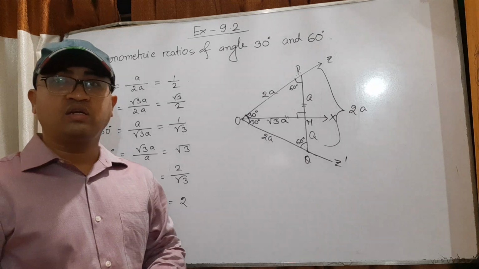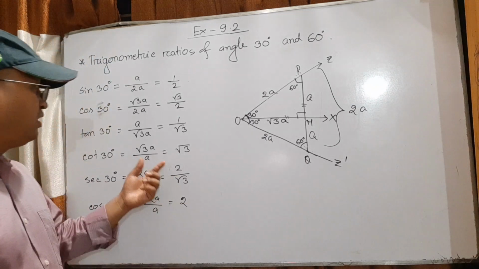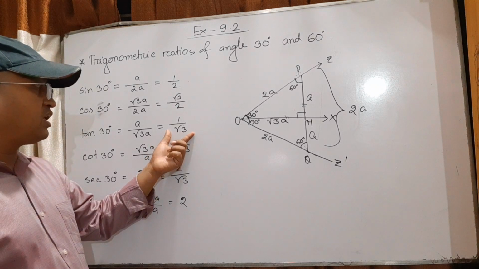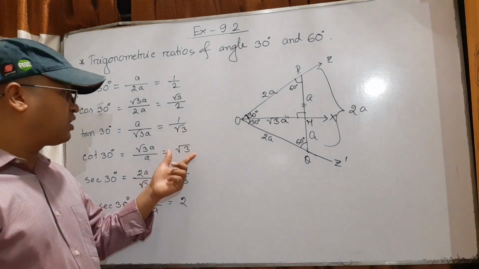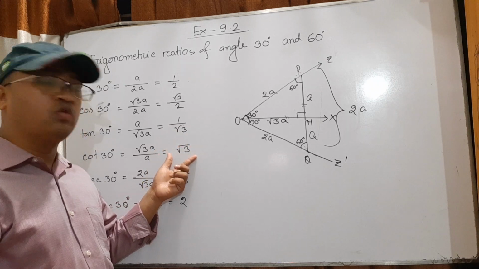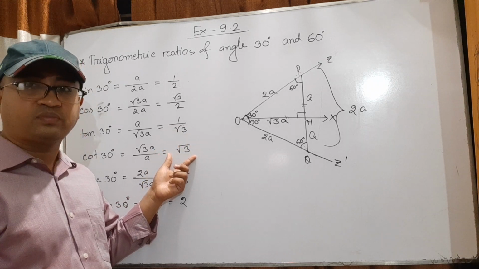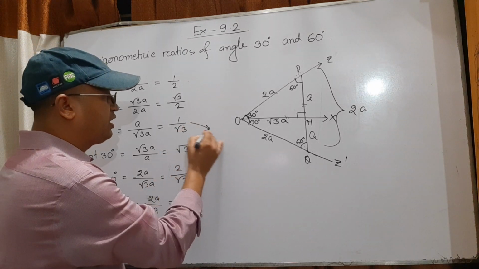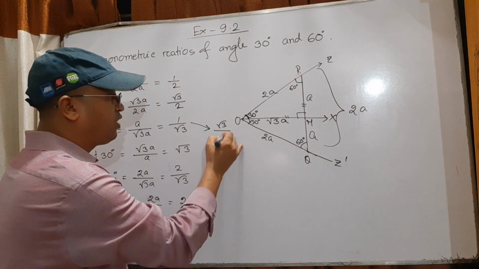You can find it out in another way. We know cot theta is the reciprocal of tan theta. If tan theta is 1 by root 3, cot theta will definitely be root 3 by 1.